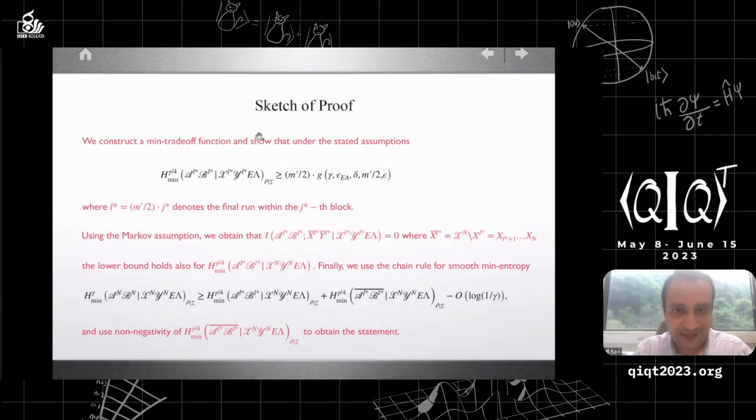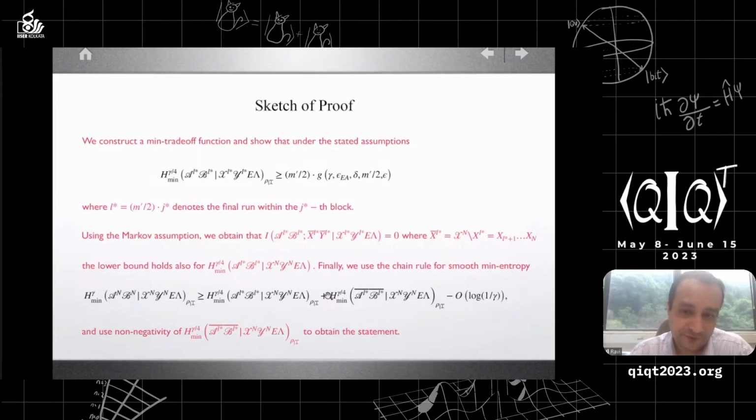So there's a sketch of proof. Maybe I will skip the idea. I'll just tell you that for the entropy accumulation theorem, you have to construct a min-tradeoff function and show that under these assumptions of this Markov model, etc., the total amount of entropy in this particular chosen block is linear in the size of that block.